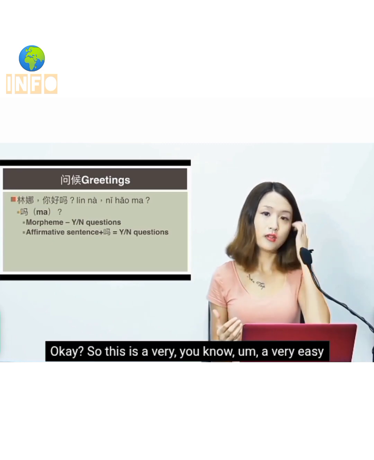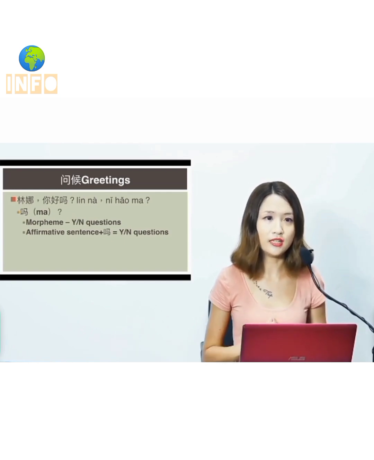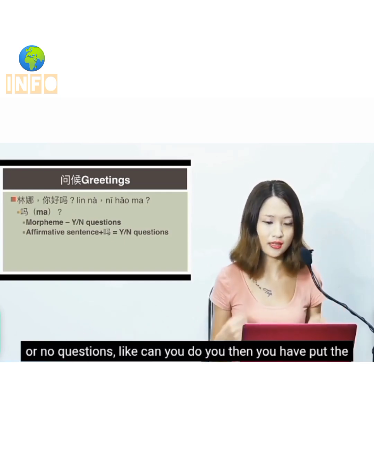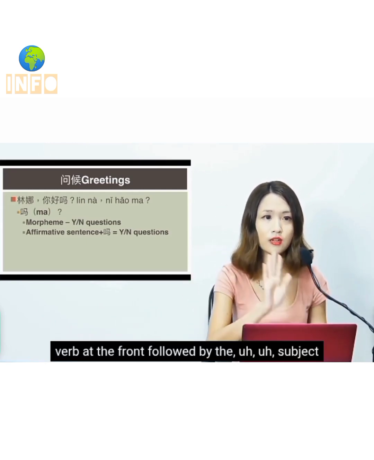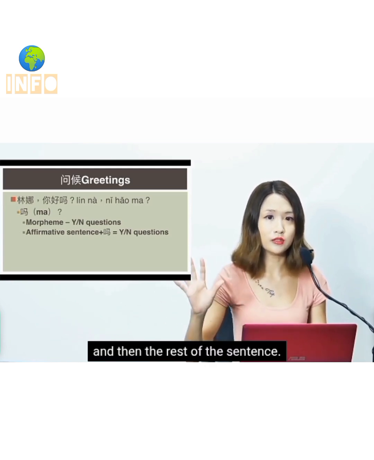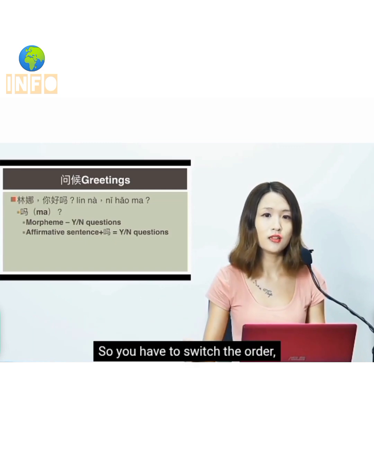And if you have one affirmative sentence, then you add ma at the end, then you can get the yes or no questions. Okay, so this is a very easy point of our Chinese, because for English, if you're asking yes or no questions like can you, do you, then you have to put the verb at the front, followed by the subject, and then the rest of the sentence. Okay, like can you do it, right?